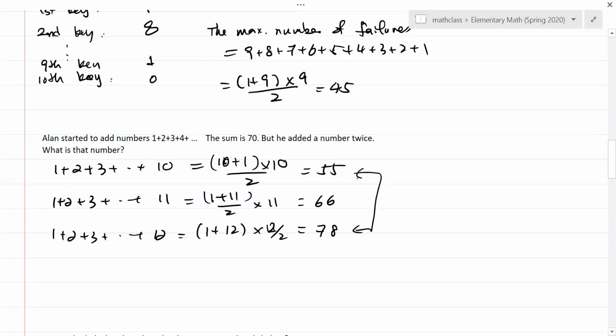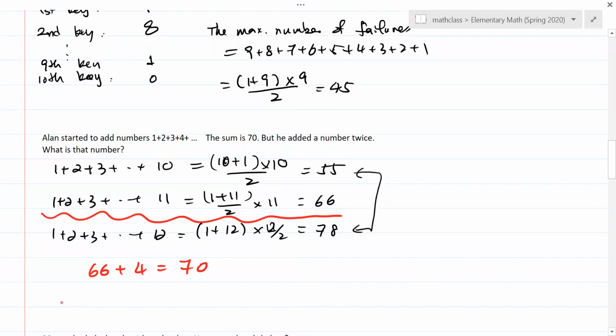So it's clear that the one in the middle works. If you add 4 somewhere, pressing the 4 button twice, then 66 plus 4 is going to be 70. So I think what he did is add 4 twice: 1 plus 2 plus 3 plus 4, then plus 4 again, and 5, 6, 7, all the way to 11.